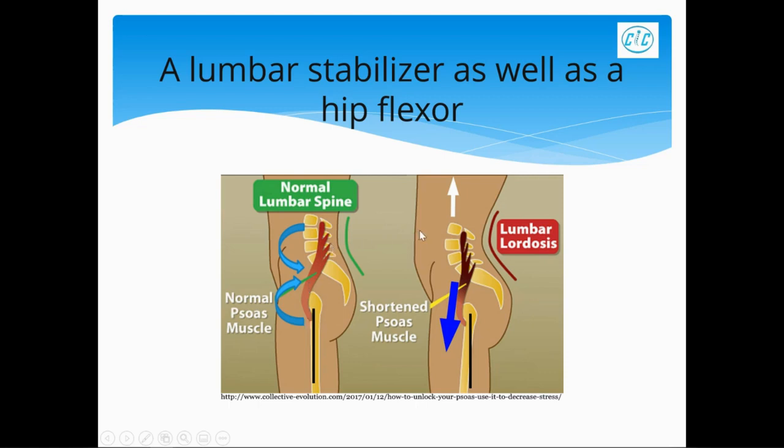Otherwise, if there is tightness right here, it's going to cause the lower back spine to become more curved, and it is going to bring the hip or the leg forward. You see the line I drew right here, and you notice that the hip is forward.